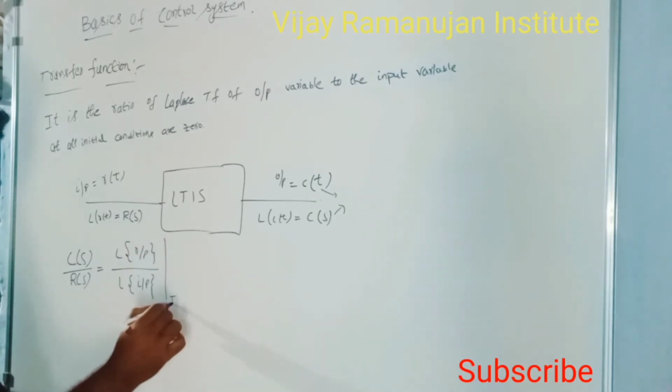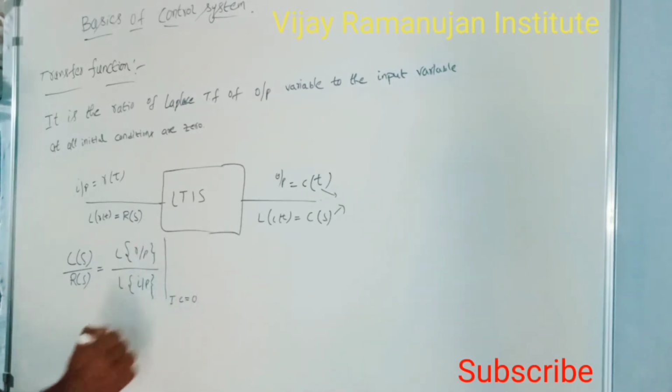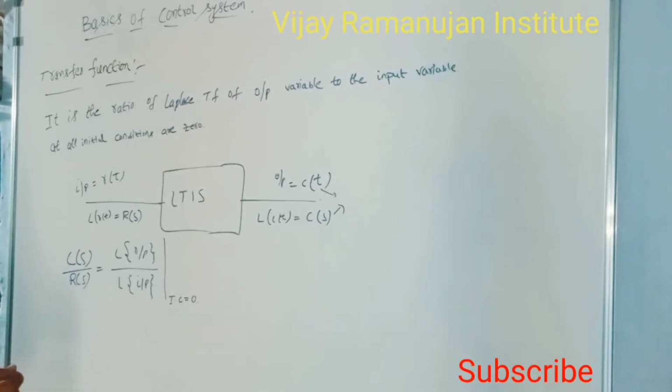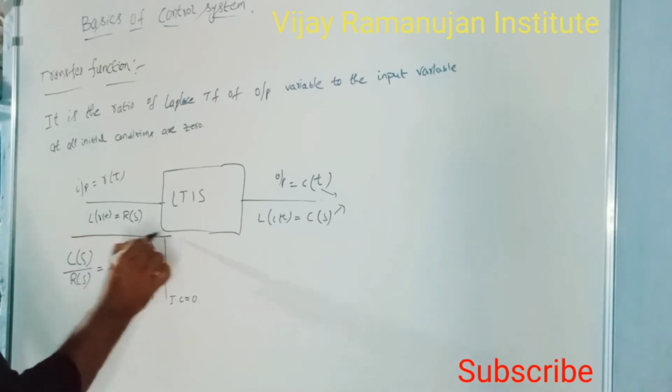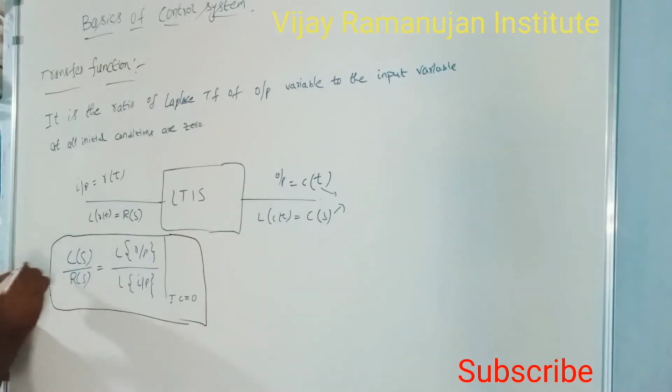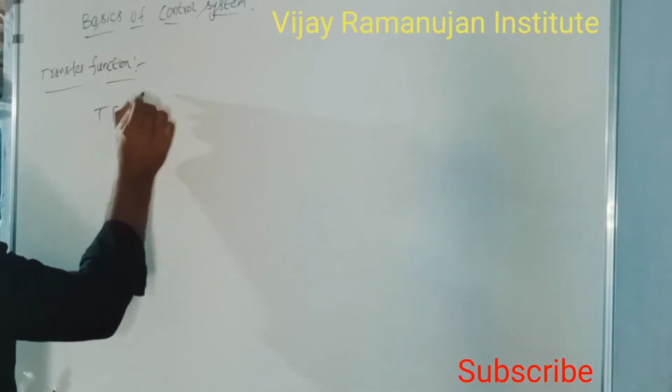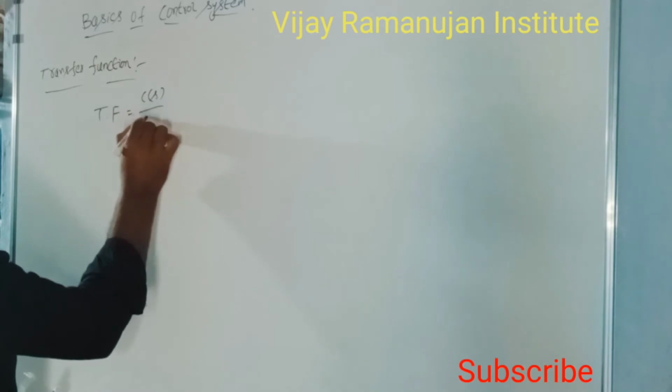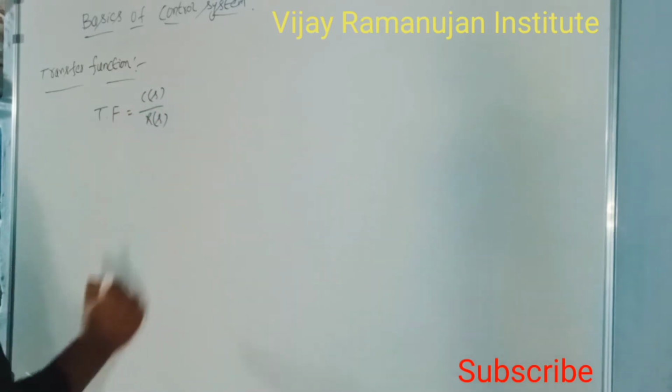Here initial conditions are 0. The important formula for all the subject: transfer function is equal to C(s) by R(s).